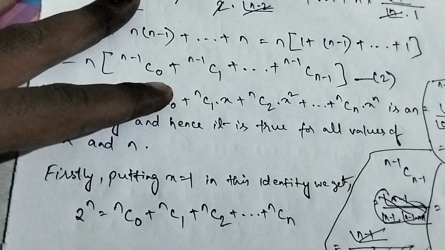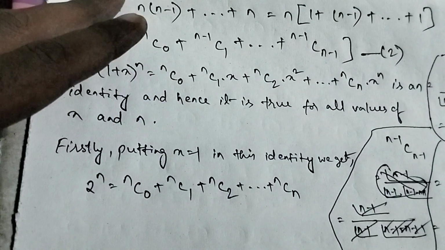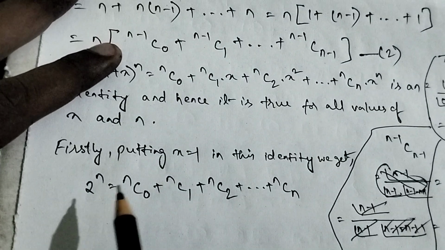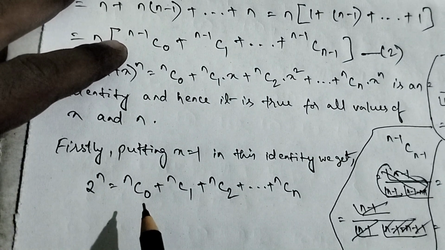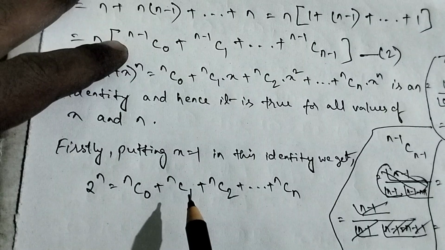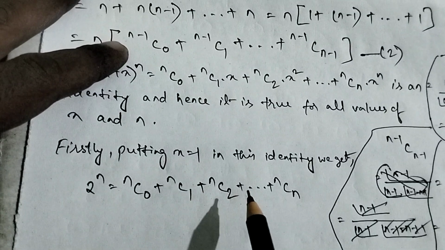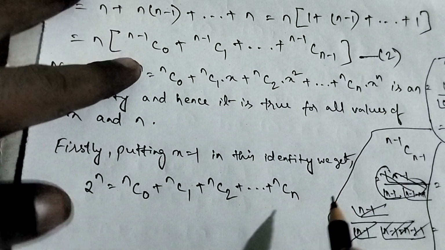X to the power n means 1 to the power n, and 1 to the power n is 1 only. So 2 to the power n is equal to nC0 plus nC1 plus nC2 plus dot dot dot plus nCn.